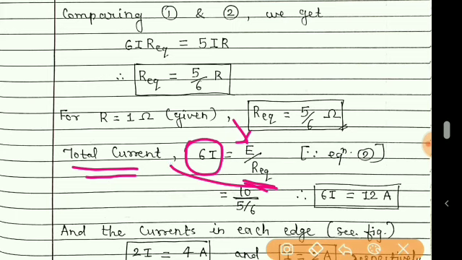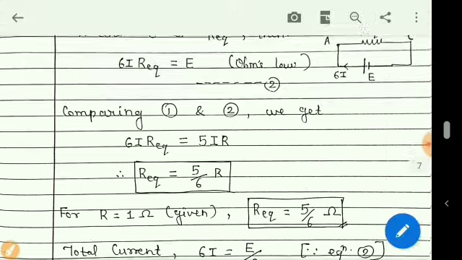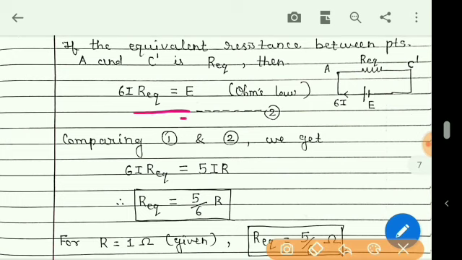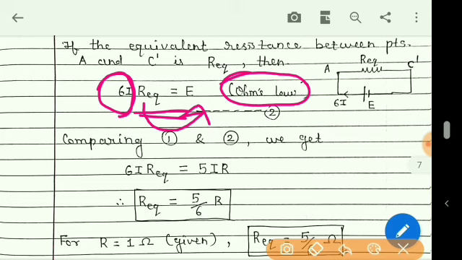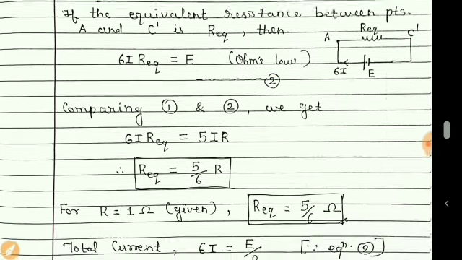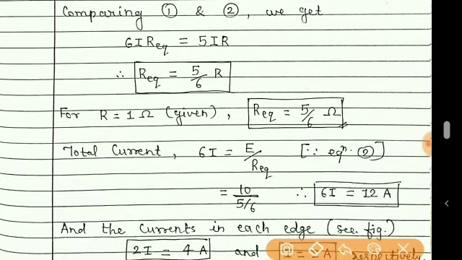This is not a new equation. You can see from this equation only, which we have used for this Ohm's law. If we make the subject 6I, that is total current, this REQ will be towards right hand side, so it is E upon REQ. So same we have written here from equation 2.